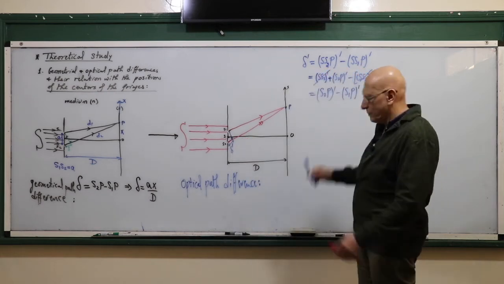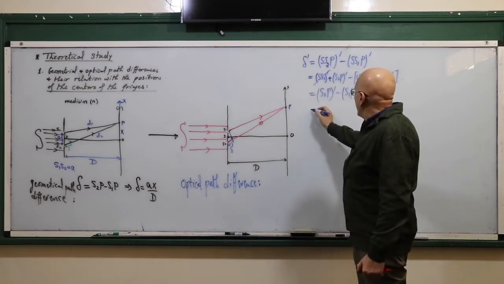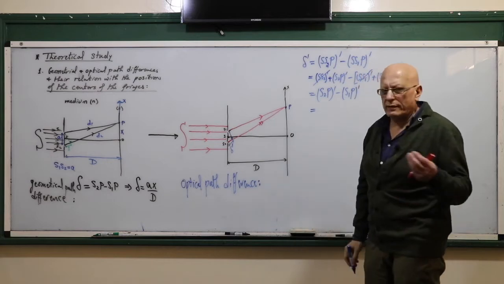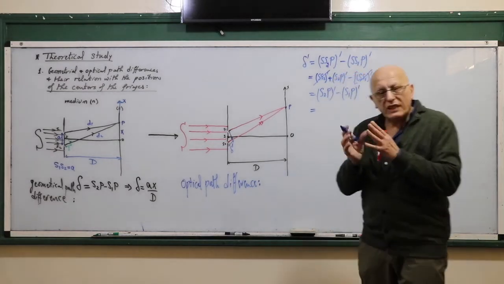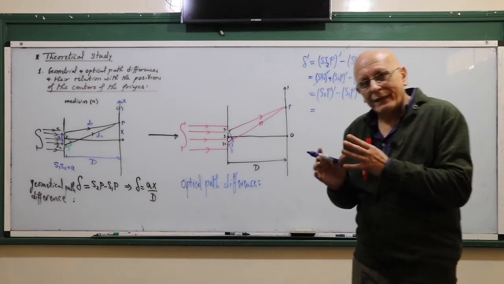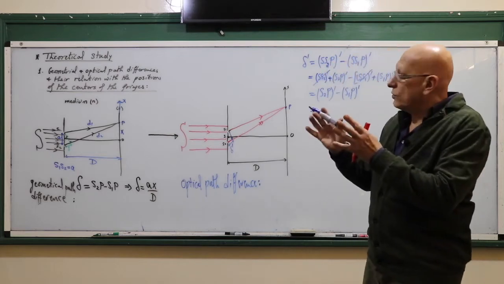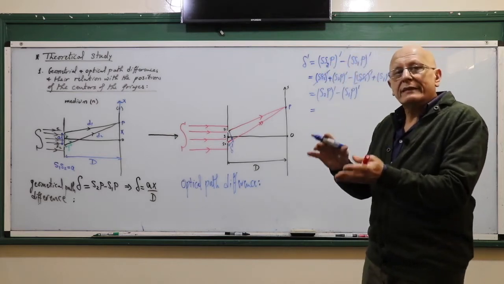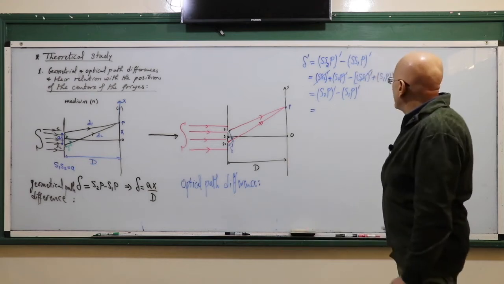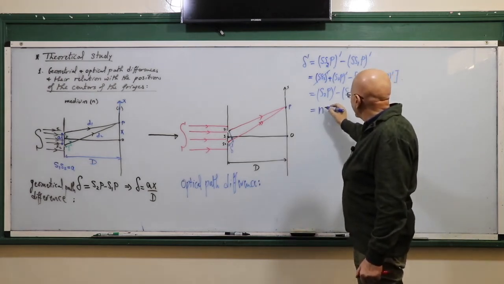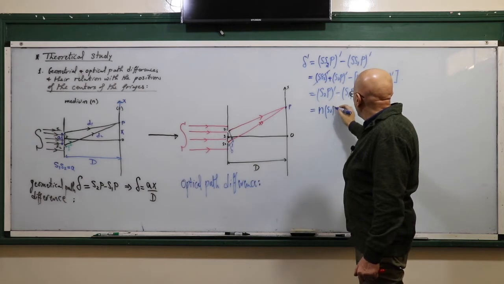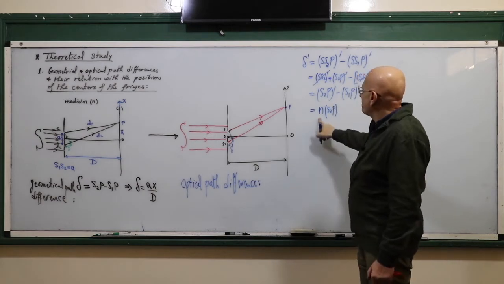This is delta prime. But now, let's find a relation between delta prime and delta, meaning between the optical path that corresponds to the geometrical paths in vacuum and in the medium. What is this equal to? This is N times S2P, okay?